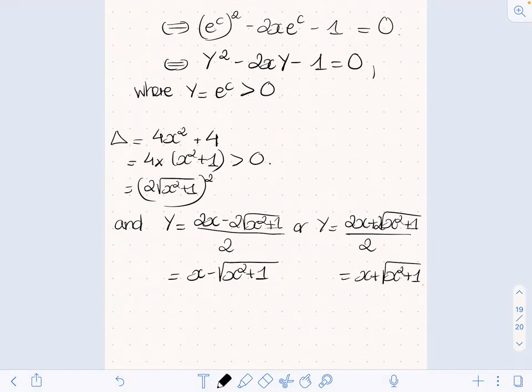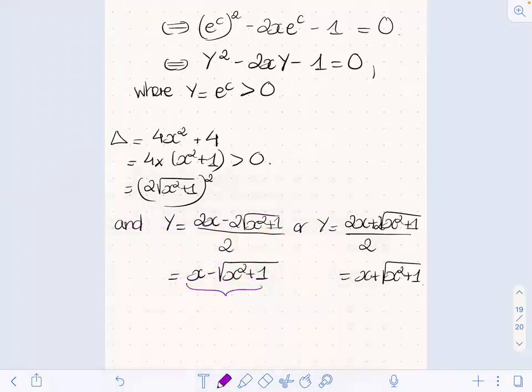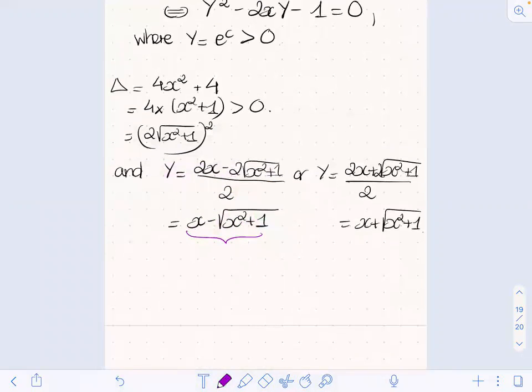The first expression is negative because the square root of x squared plus 1 is greater than the square root of x squared, which is greater than x. Yeah, absolutely. So that's strictly negative, as x is smaller than the absolute value of x, which is the square root of x squared, and that's smaller than the square root of x squared plus 1. So that's negative, and this is positive. So what's y equal to?